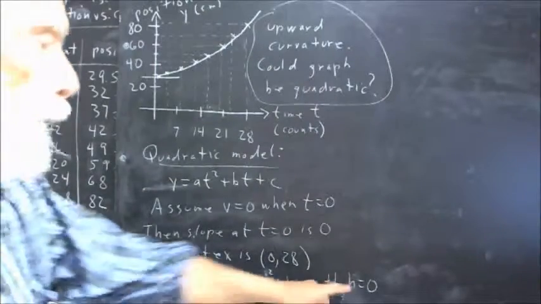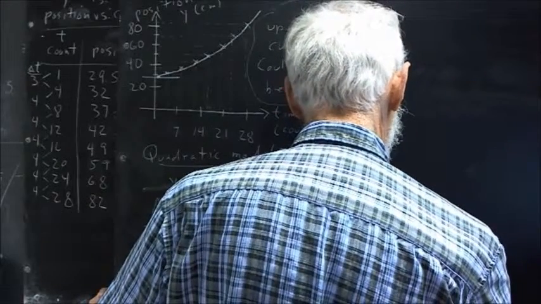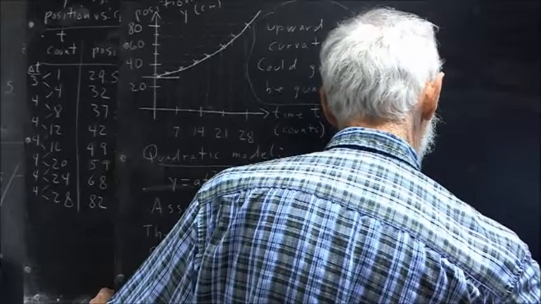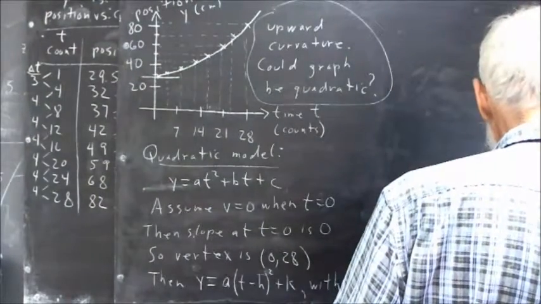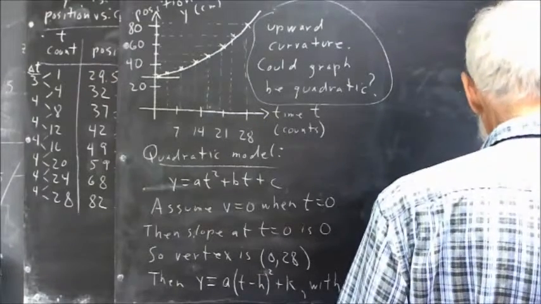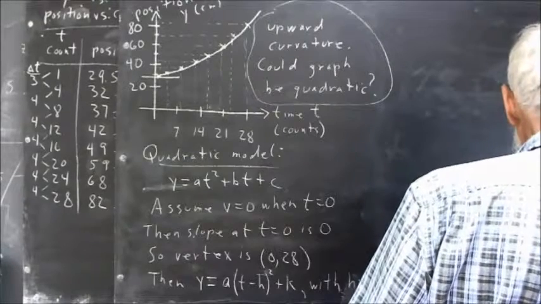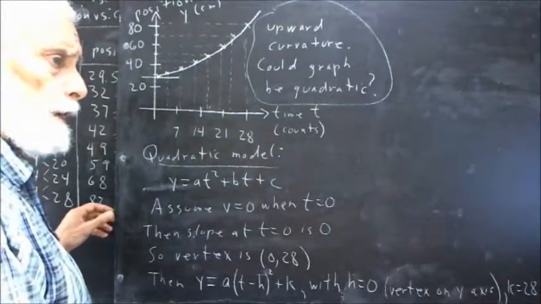Okay, so the vertex is here with h equals 0, which is indicated by no horizontal shift. And that's indicated by the fact that the vertex is on the y-axis. And k equal to 28, of course, standing for 28 centimeters. That's the vertex at (0, 28).